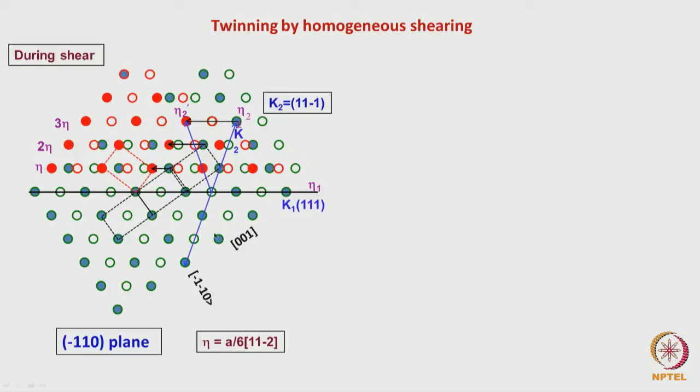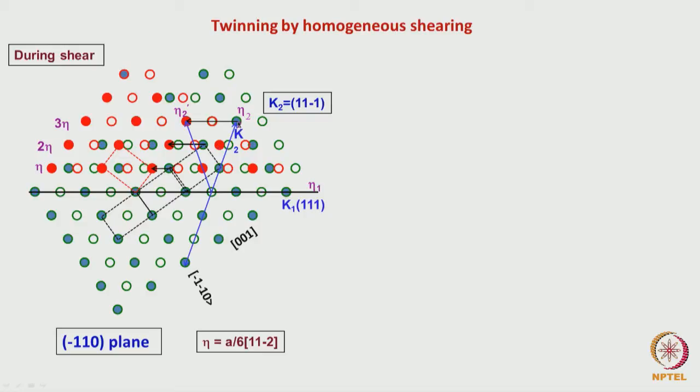Eta is the shear vector which is being given on every layer. When I do that, this atom will move from here to this position, this atom from here to this position, and this one from here to this position. Each of them is moving to a different position.